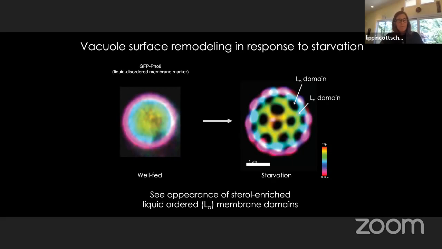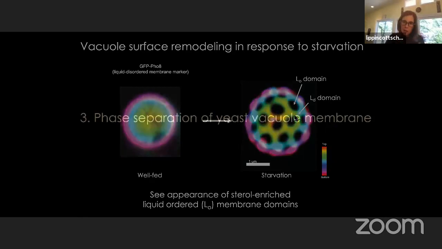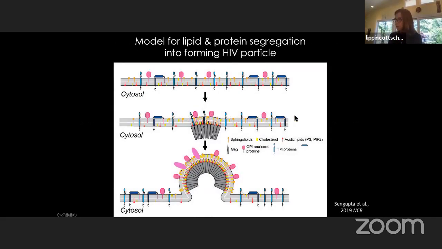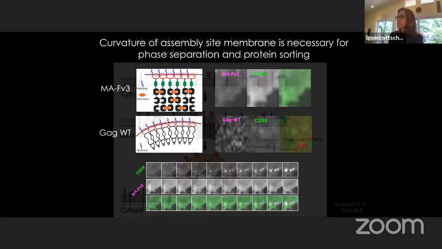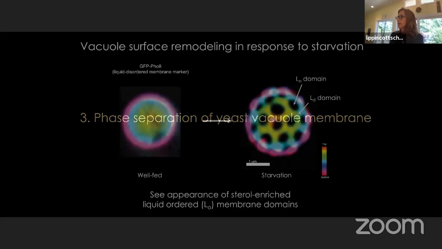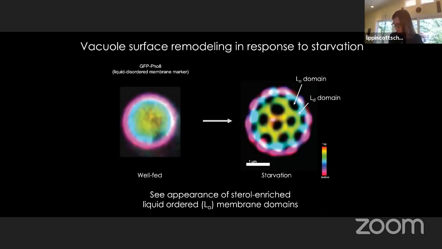It's been recently shown by Prince, other people, as well as ourselves, that the vacuole surface will remodel into this soccer ball-like pattern in response to starvation, where you have discontinuous liquid ordered domains that are surrounded by continuous liquid disordered domains.